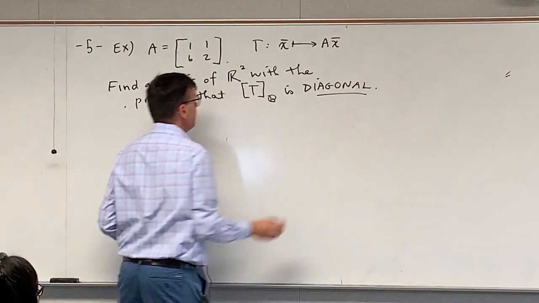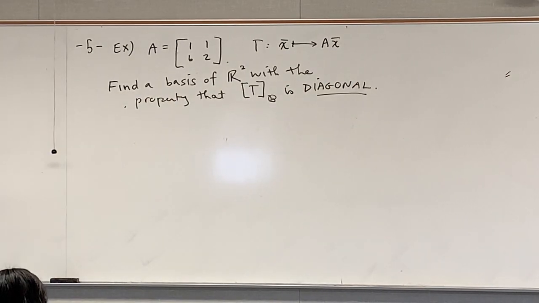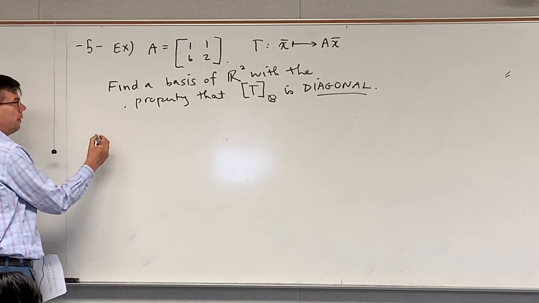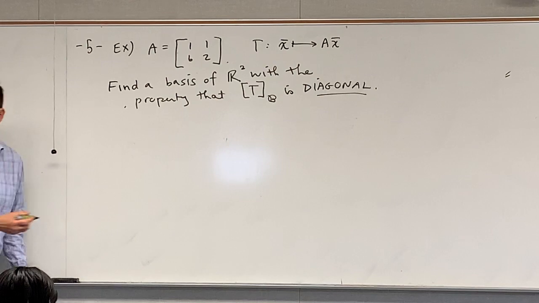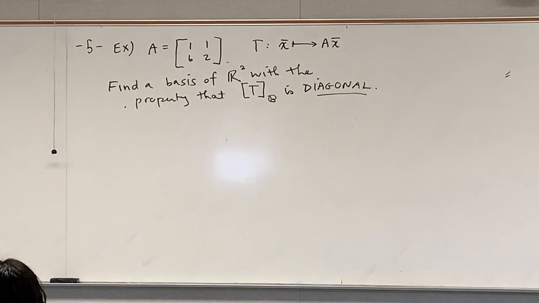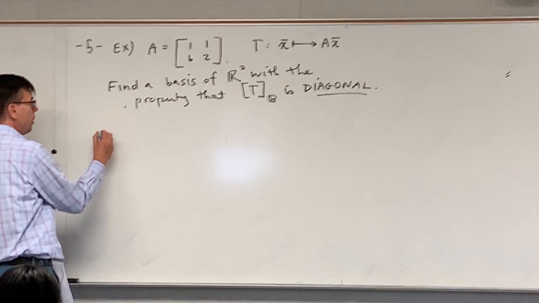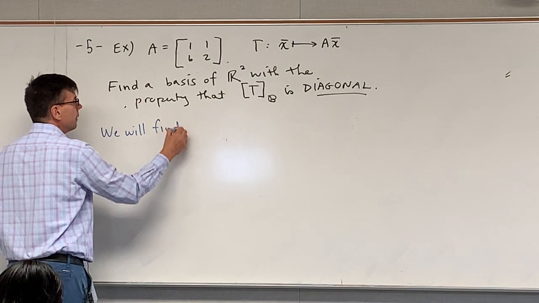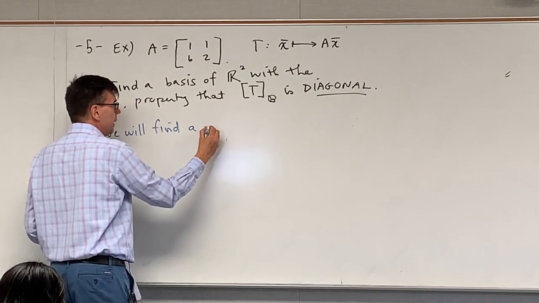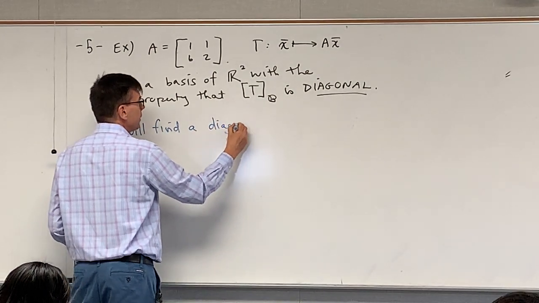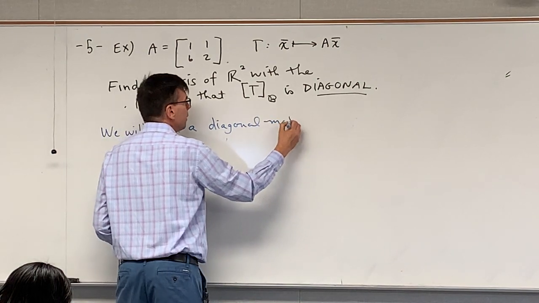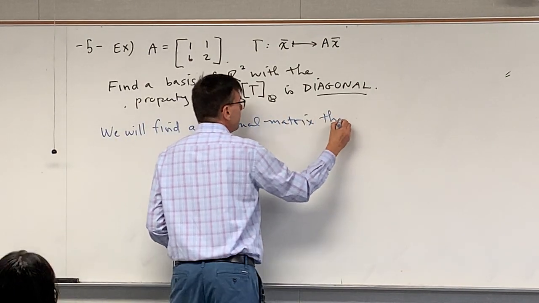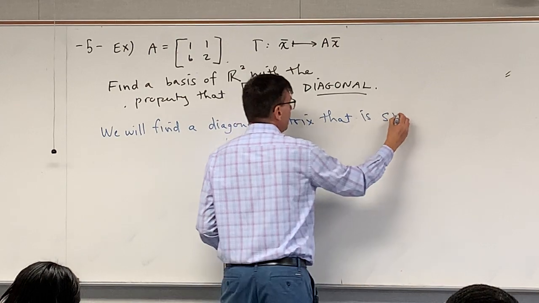Sometimes you can do this, sometimes you can't. So the way we're going to do this is we will find a diagonal matrix that is similar to A.